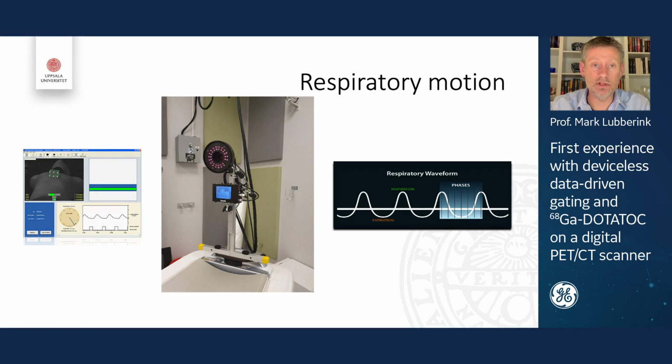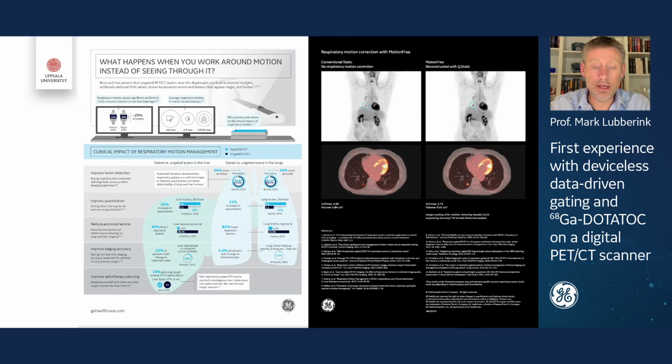What the data from this device does is divide the acquired list-mode PET data into different phases across the respiratory cycle. It has been shown, and this slide concerned FDG, that correction for respiratory motion using this respiratory gating has a number of benefits, such as improved lesion detection and improved quantification, that is, we get higher SUV max values that we suppose are closest to the actual SUV values in the lesions.